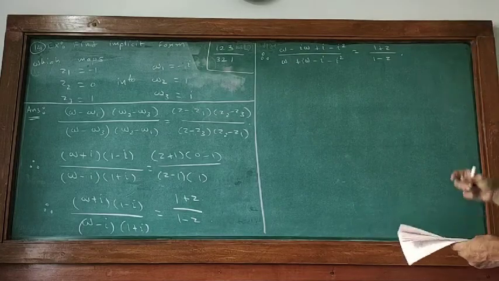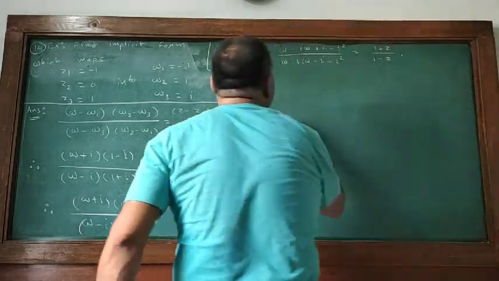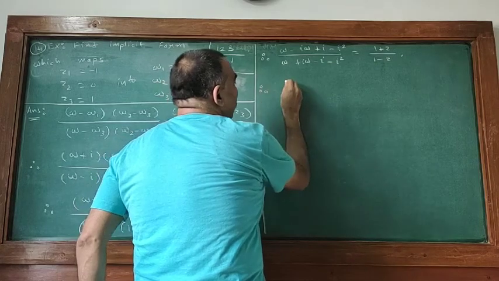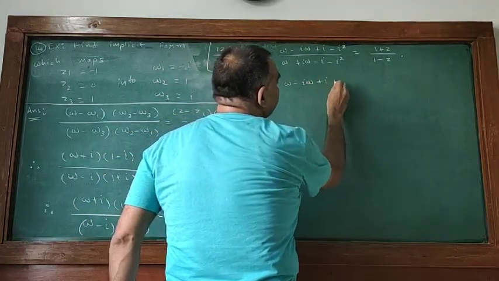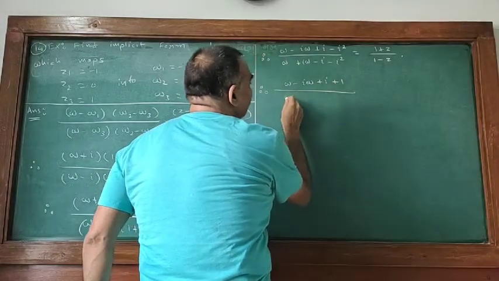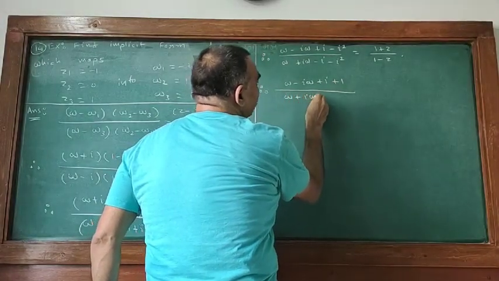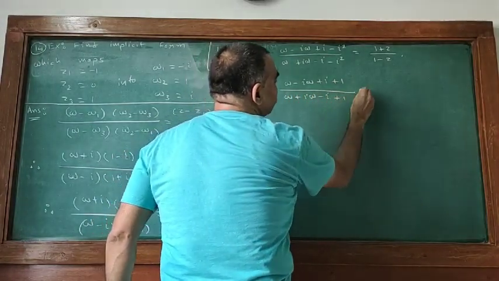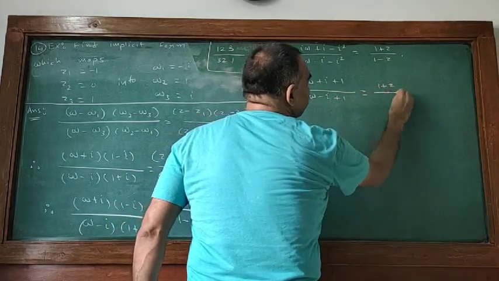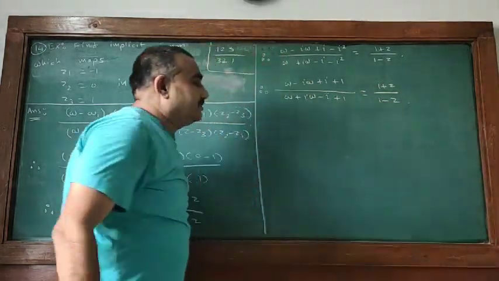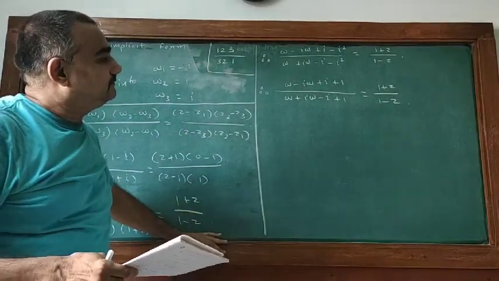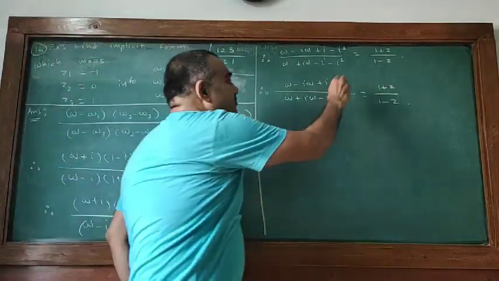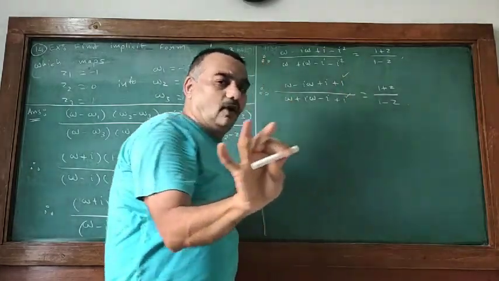Therefore, (omega minus I omega plus I plus 1) upon (omega plus I omega minus I plus 1) equal to (1 plus z) upon (1 minus z). So right now, minus I square is what? Plus 1. We put this value, minus I square is plus 1, nothing more.